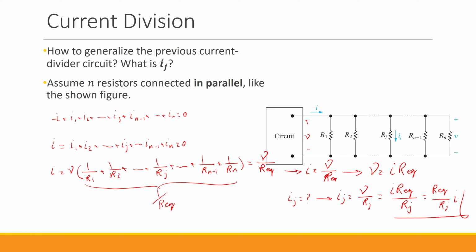As you can see here, when Rj becomes large, the value for Ij becomes smaller.